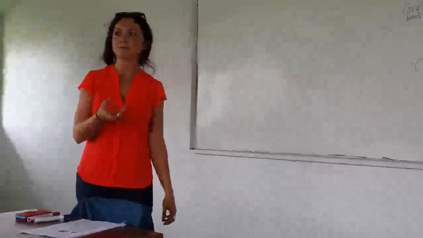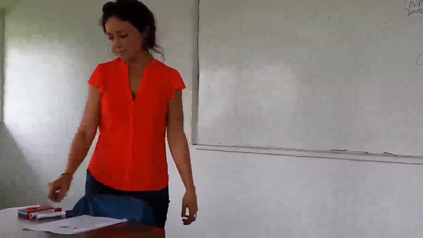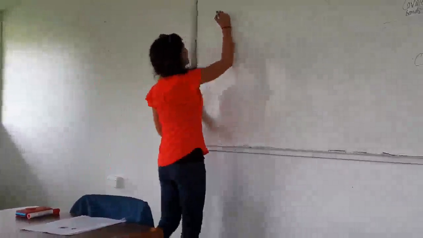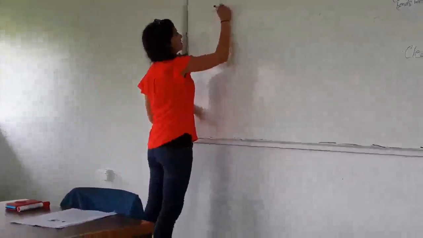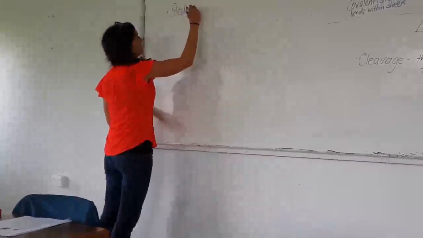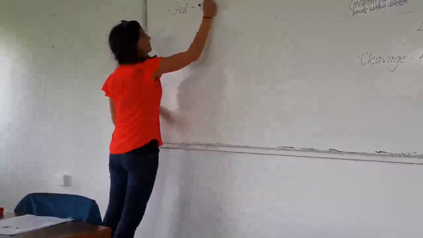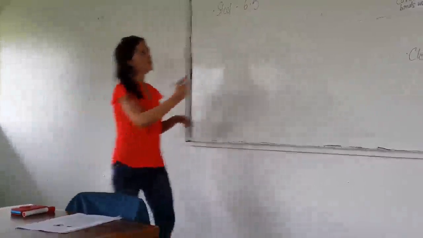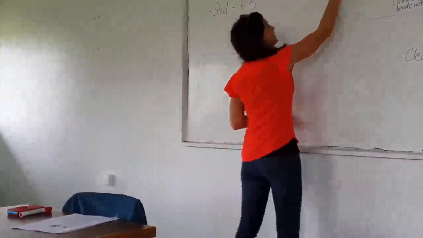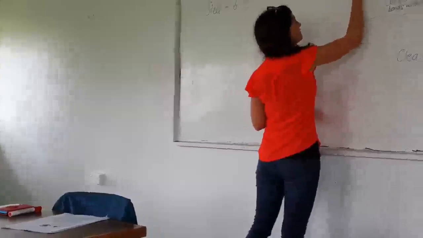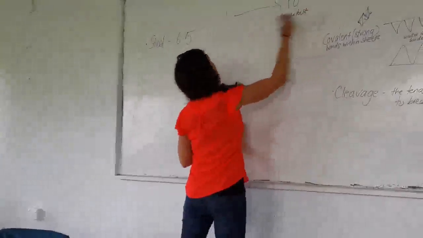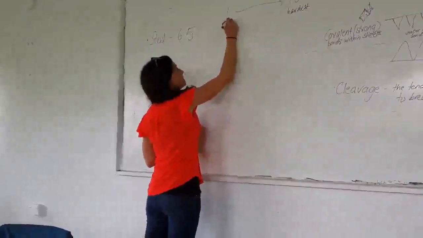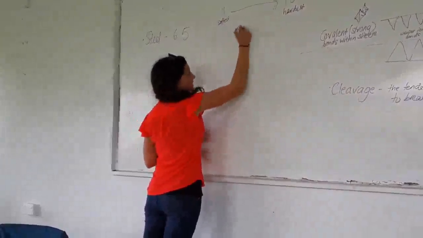So you need a mineral that can do that. So steel has a hardness of 6.5. Remember in the lectures there's a scale of hardness from 1 all the way up to 10, where 10 is the hardest, 1 is the softest, and we call this Mohs hardness scale.